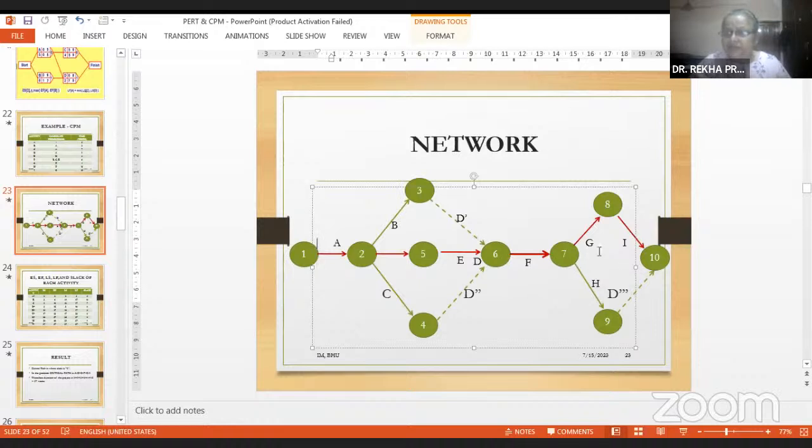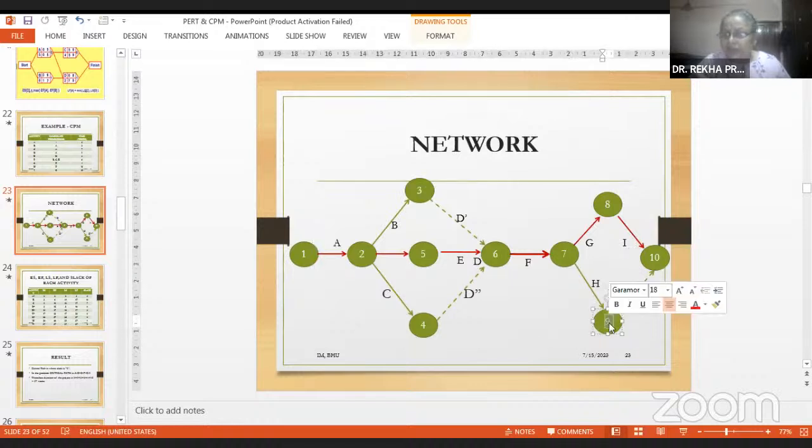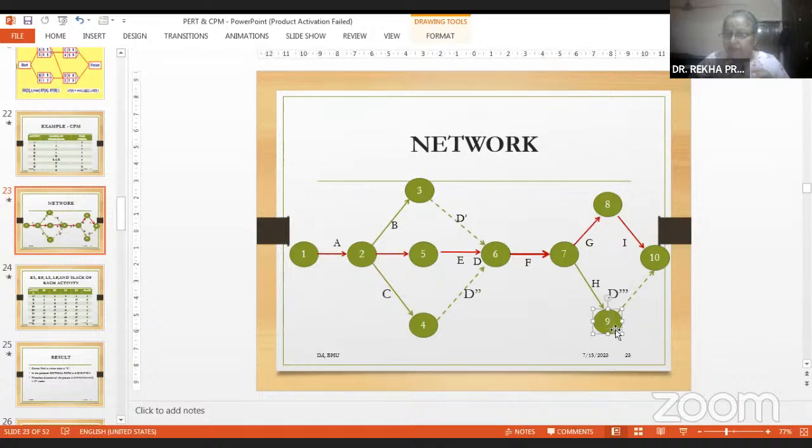The immediate predecessor of G is I. But this is stopping over here, and the project will not finish until all the activities are completed. So what is happening? The 10th is the last node. So H is connected with the 10th through a dummy activity.